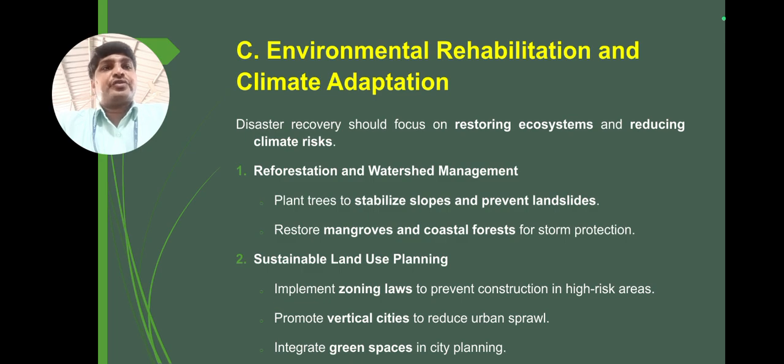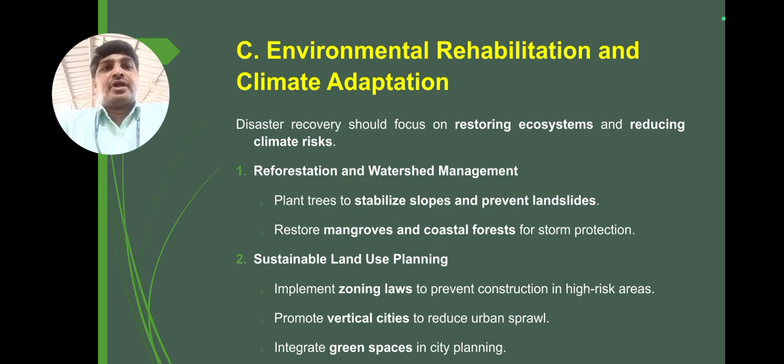The disaster recovery should focus on restoring ecosystems and rebuilding climate risk. So reforestation and watershed management is the most strengthenable reconstruction process in environmental rehabilitation. That is, plant trees to stabilize the slopes and prevent landslides, and restore mangroves and coastal forests for storm protection.